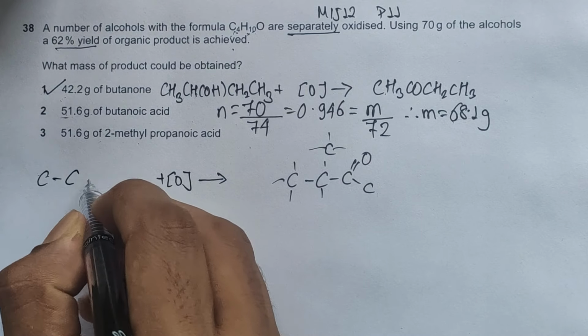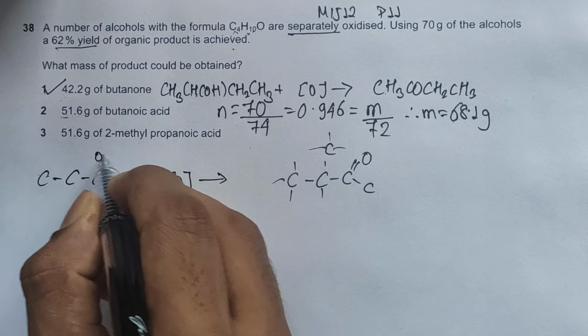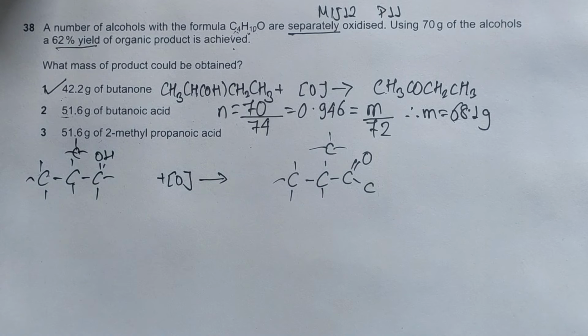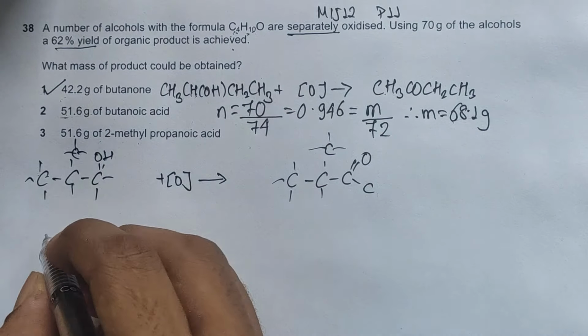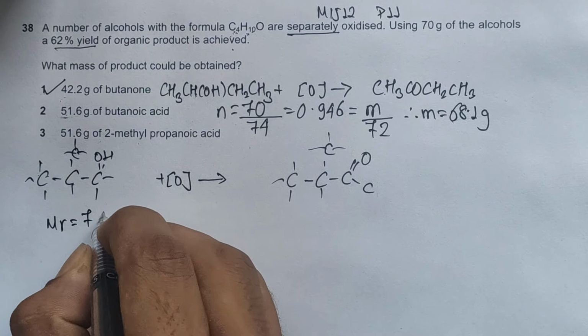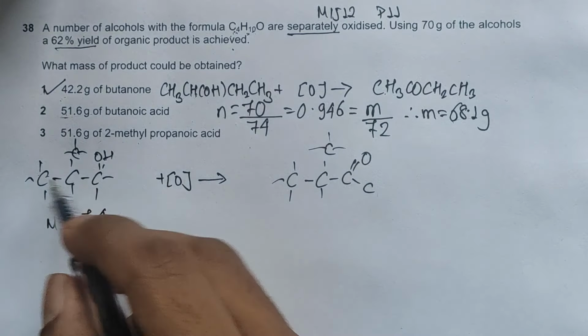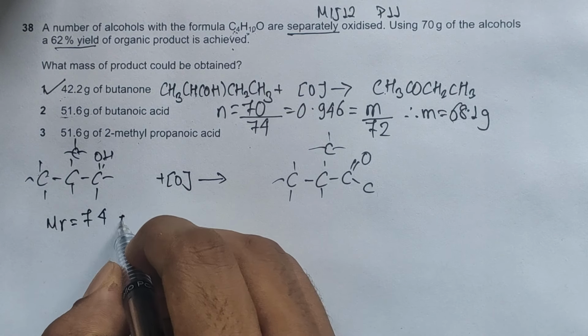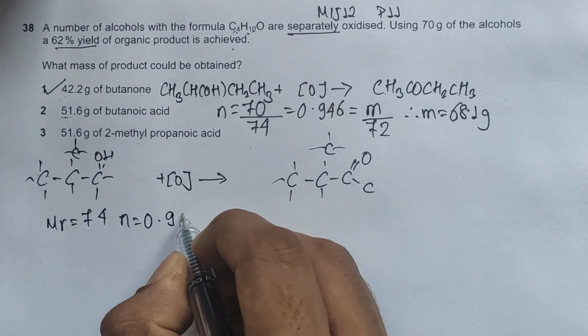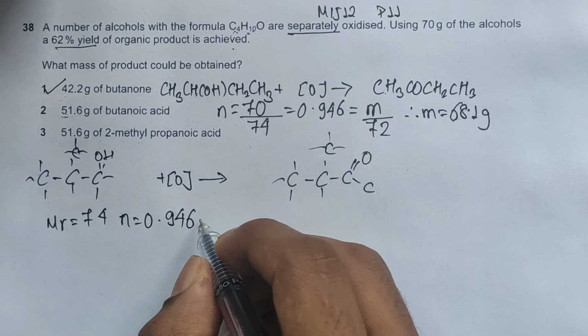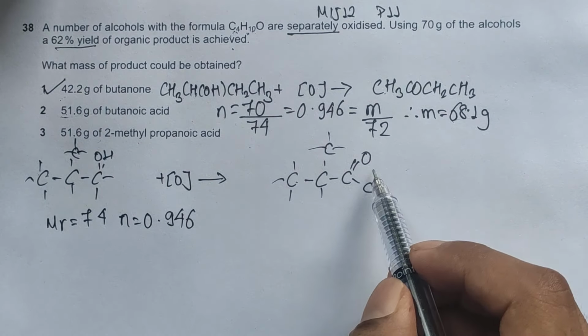So the primary alcohol is this one. It has Mr of 74, and if we calculate the moles of this alcohol, it is also 0.946, and moles of this carboxylic acid is also 0.946. And we need to calculate its Mr value.